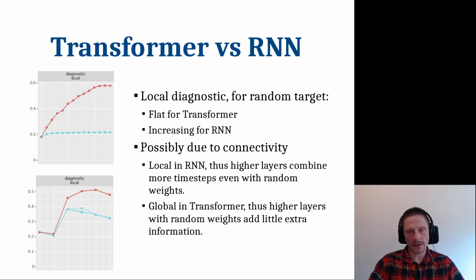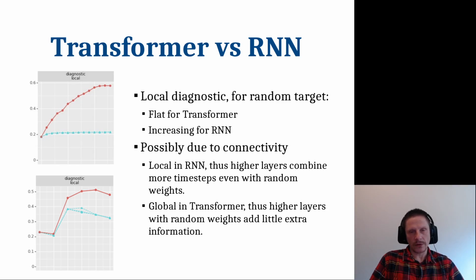The connectivity is local in an RNN architecture. So that means that if we go up in the layers, the higher layers have access to more time steps of the input. Even with random weights, they can still combine them in some useful way. Useful in the sense that we can then decode phonemes from those layers.